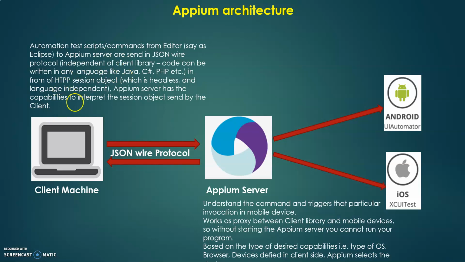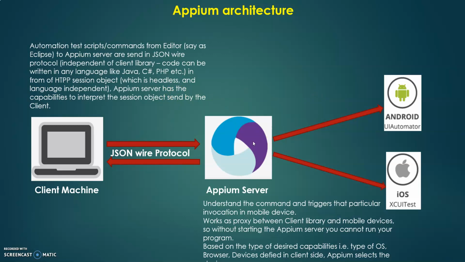This script is written on the editor side, and this request is sent to Appium in the format of the JSON wire protocol. As it works on the concept of the JSON wire protocol, it doesn't matter in which language we are writing the code. These requests are converted to the JSON wire protocol and sent to Appium.